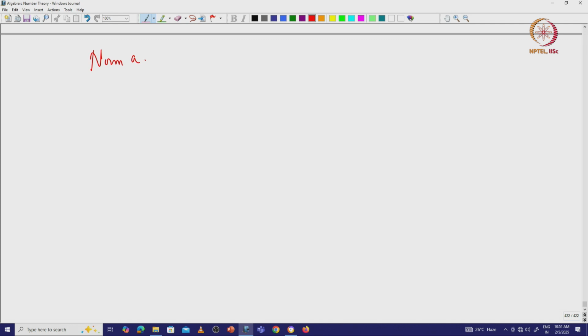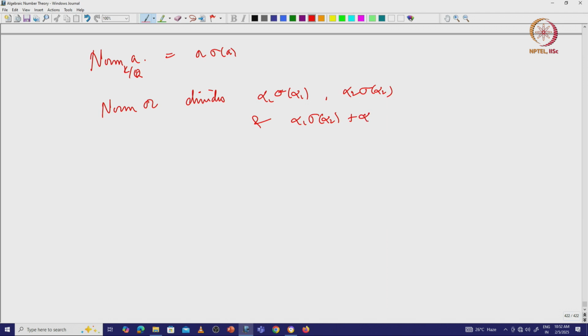The norm of A is the ideal generated by the norm of each element in A. We proved earlier that this thing is equal to A times sigma of A, right. So, in particular the norm of A divides alpha 1 sigma alpha 1, alpha 2 sigma alpha 2 and alpha 1 sigma alpha 2 plus alpha 2 sigma alpha 1, right.